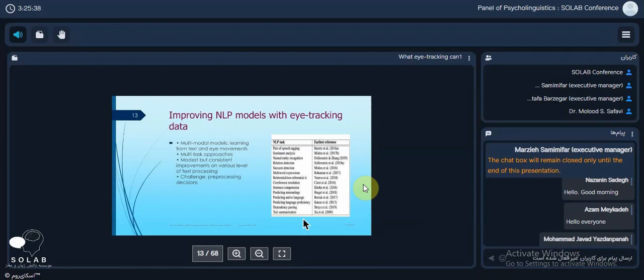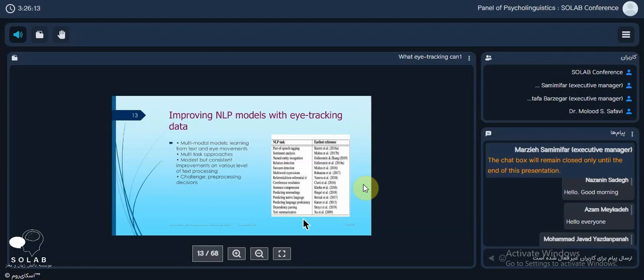In another view, the multitask approach is another property of this field of science. Modest but consistent improvement on various levels of text processing. And what is the challenge in this study? Pre-processing decision. With eye tracking, we can't know anything about the pre-processing decision in the brain, because you just find the behavior.